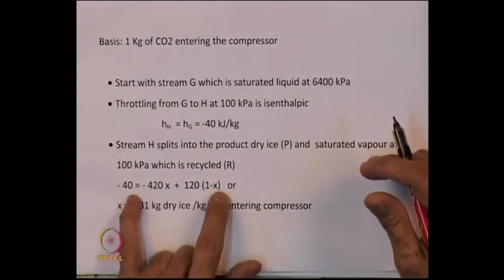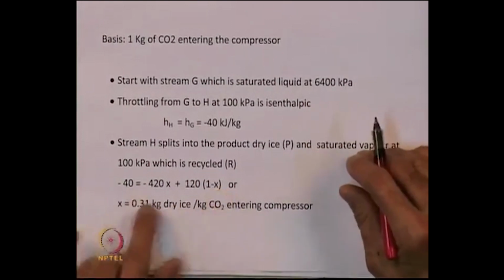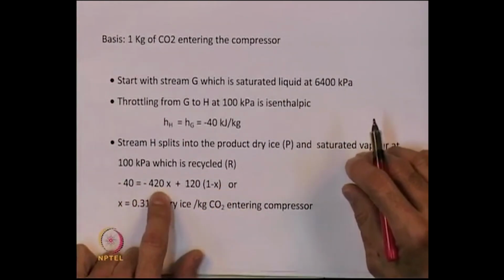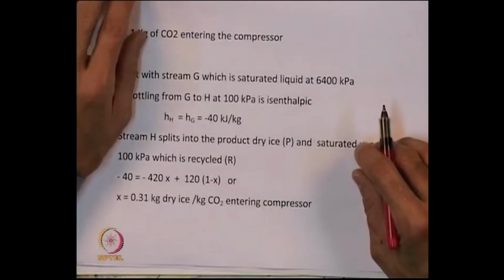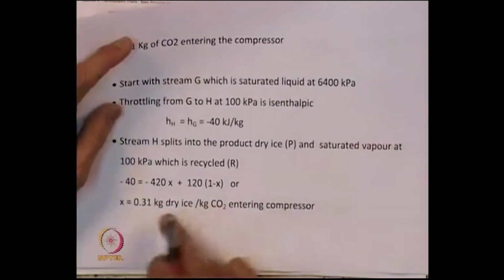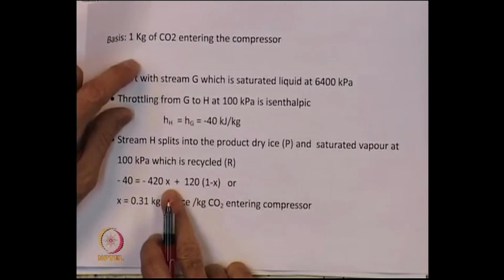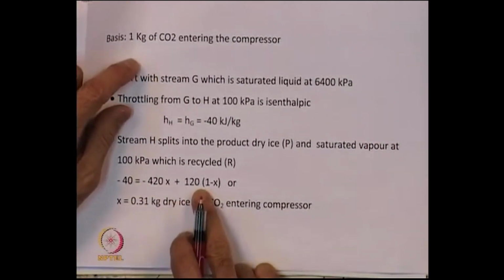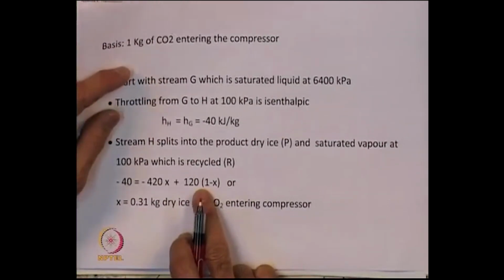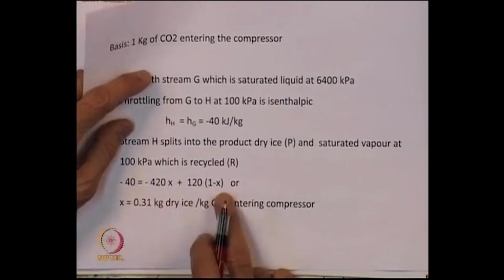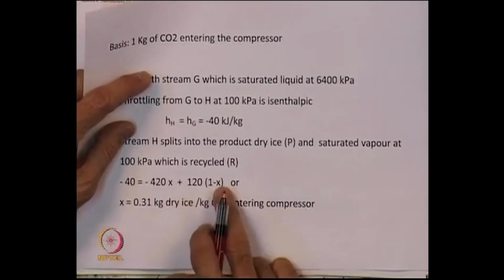So, you equate the enthalpies before and after mixing. You have minus 40 is equal to the enthalpy of the solid, minus 420, times X, the fraction of the solid, plus the remainder times 120, which happens to be the enthalpy of the saturated gas at R. So, if you combine this, you can calculate X from this equation.